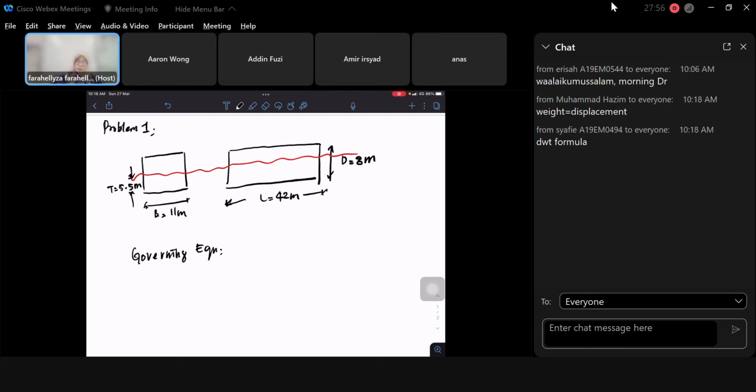So the governing equation is weight is equal to displacement. This is a basic equation, the Archimedes principle and so on.